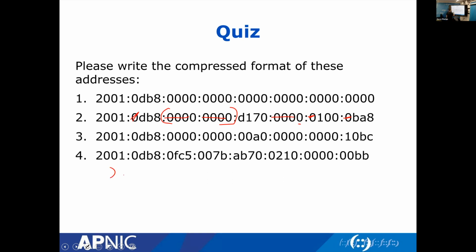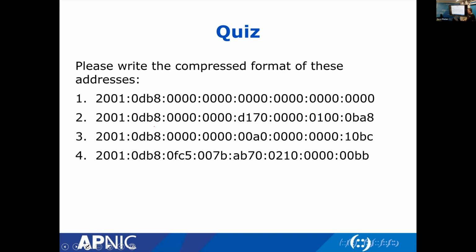So that leaves me with 2001, DB8, double colon, D170, colon 0 colon 100 colon BA8. Pretty sure most of you nailed that one. Close, but you forgot your leading zero off your 0DB8, other than that, you're okay. But yes, you're all starting to get it.